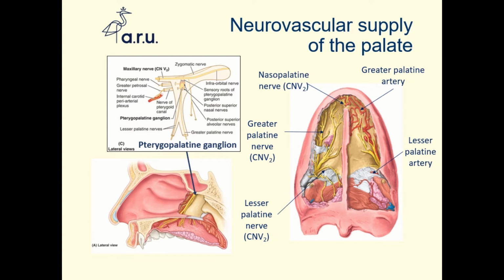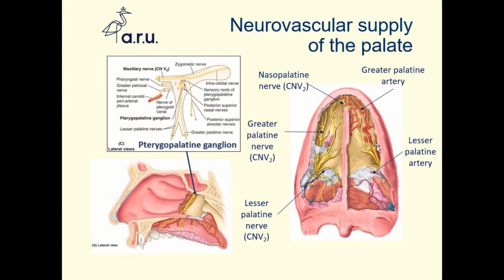The blood supply to the palate is mainly from the descending palatine artery, which is a branch of the maxillary artery. And if you remember, the maxillary artery is one of the terminal branches of the external carotid artery. The blood supply mirrors the nerve supply as well. So the descending palatine artery splits off into the greater palatine and the lesser palatine arteries.